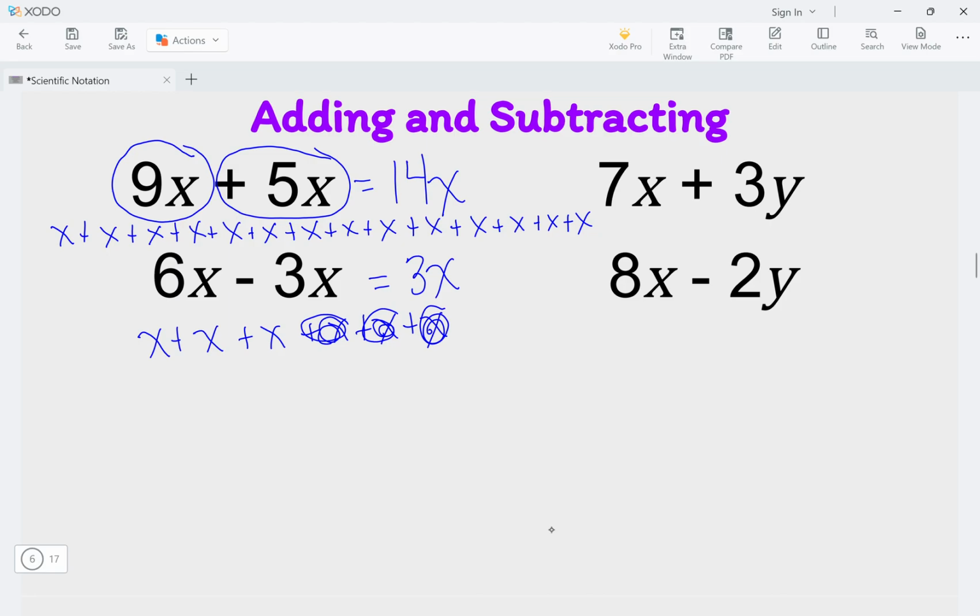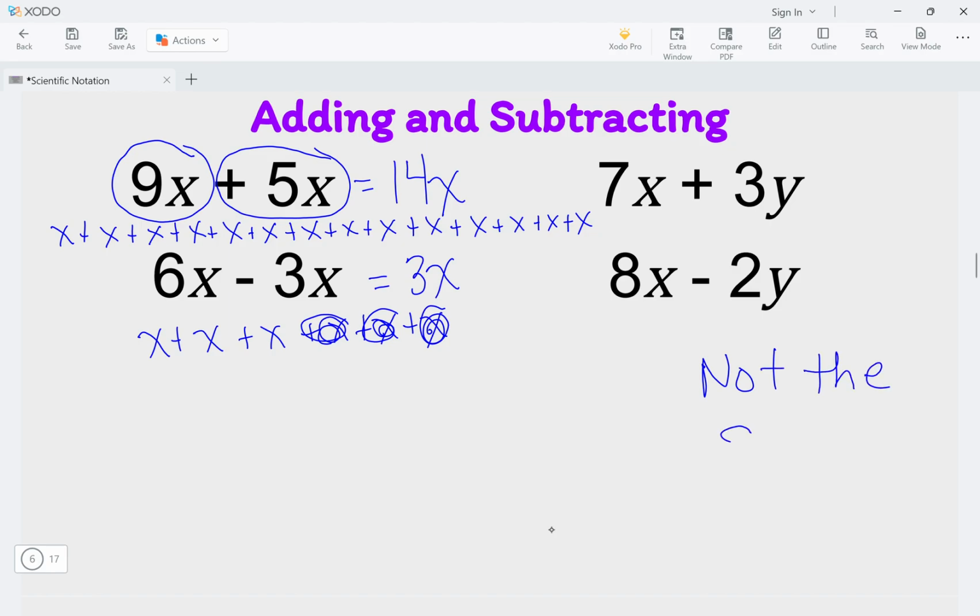I keep my variable and I just subtract my numbers. Okay, you also know that if there is not the same variable, you can't do this. I can't add 7 x's and 3 y's. These are different, so I have to just leave them like that. There's no way for me to combine these or subtract these, okay, because these are not the same.